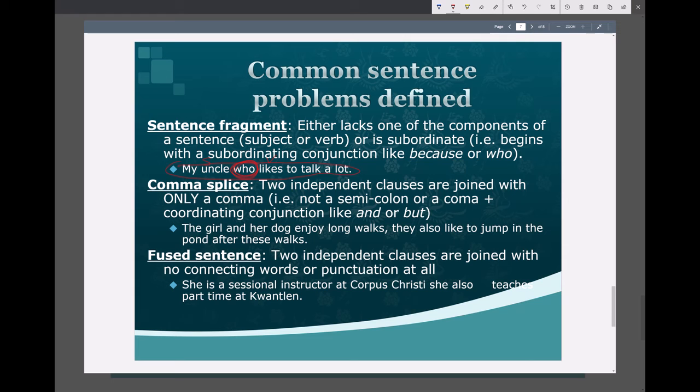So this is actually just describing the uncle who talks a lot. We don't know what the uncle is actually doing. We need to add a verb. So let's figure that out.